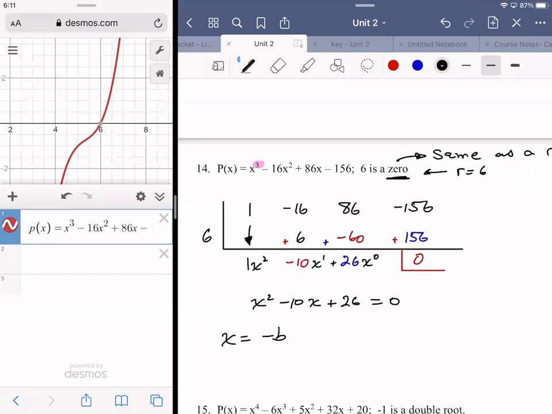So x is equal to negative b plus or minus the square root, poor quality square root, of b squared minus 4ac all over 2a. All right, we have the understood coefficient of 1 in front of the x squared. That's the a value.